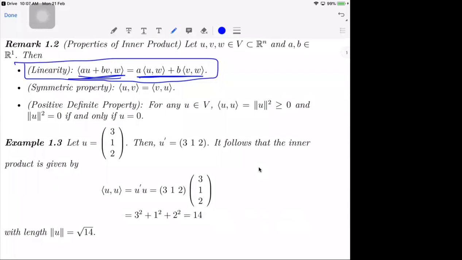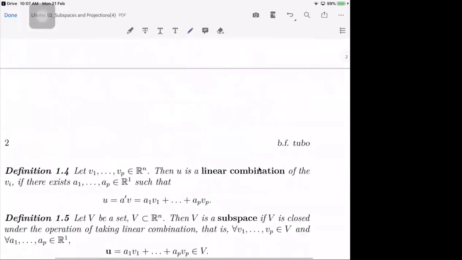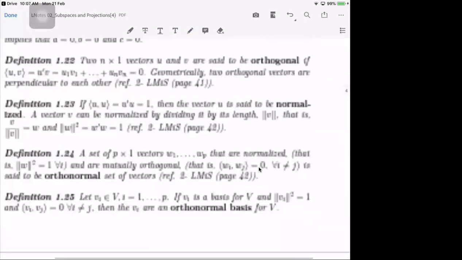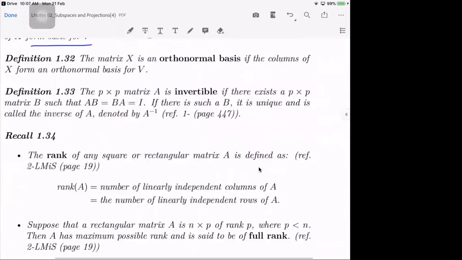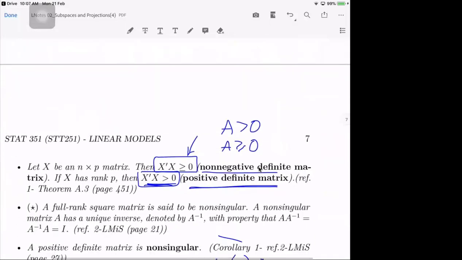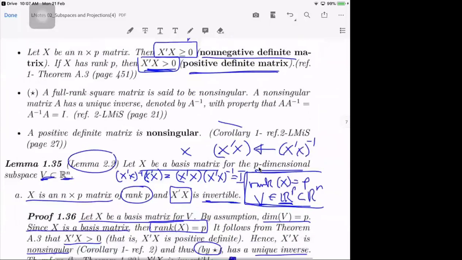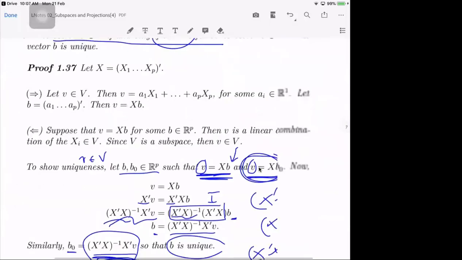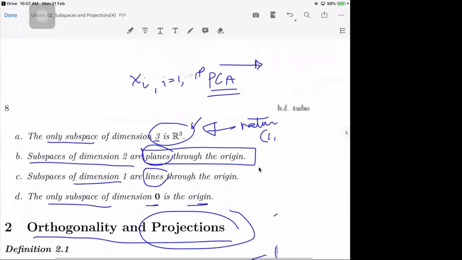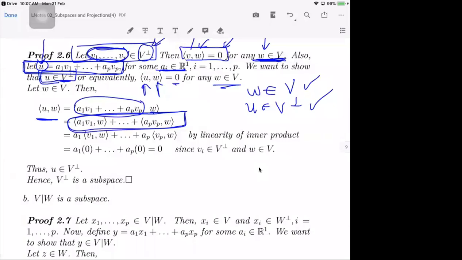Okay? So, applying that, by linearity of the inner product, you can write it in this manner. And then you can expand this using linearity.